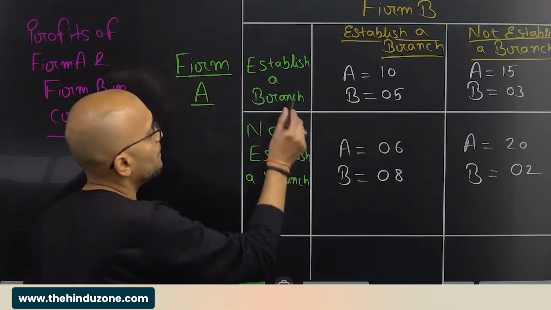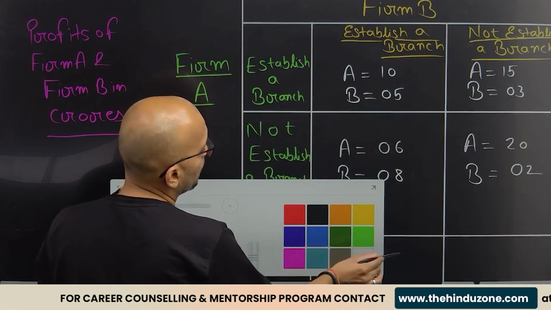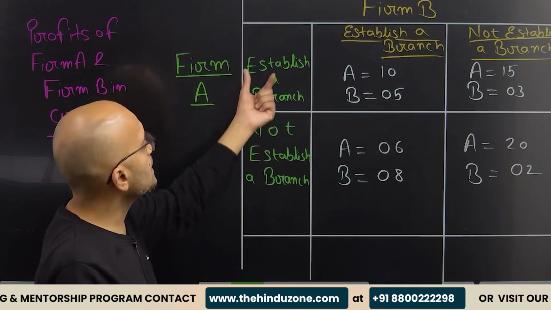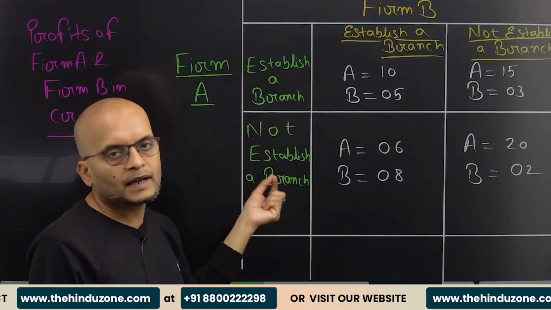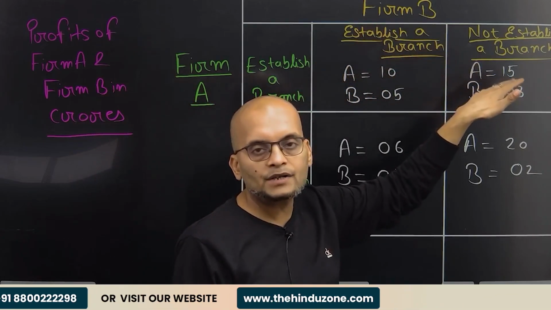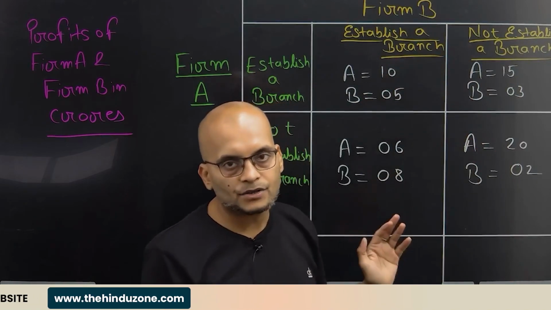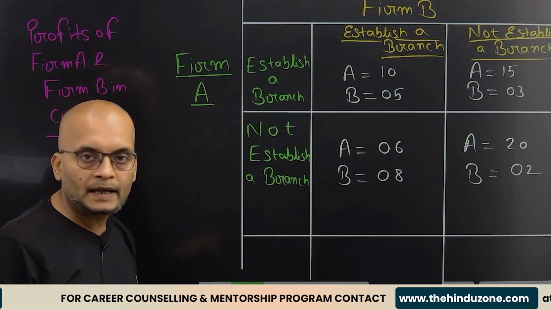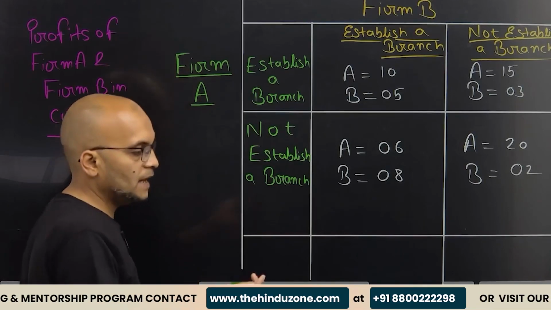And here we are provided with the strategies that can be followed by firm A and firm B. Either firm A can establish a branch or cannot establish a branch. Similarly, firm B can establish a branch or will not establish a branch.